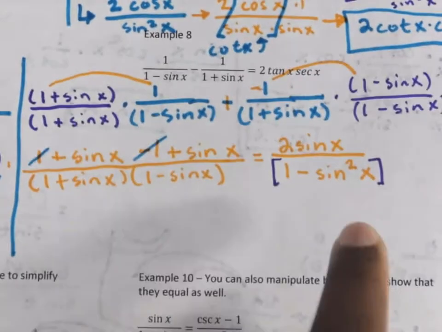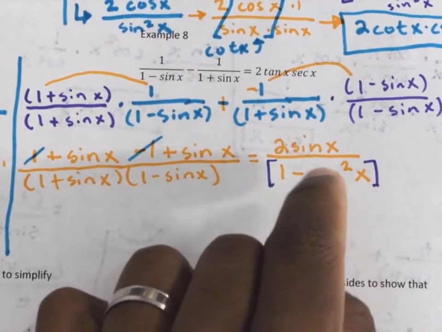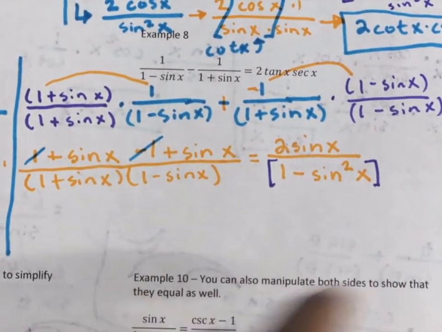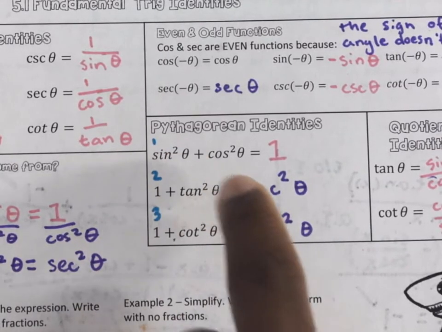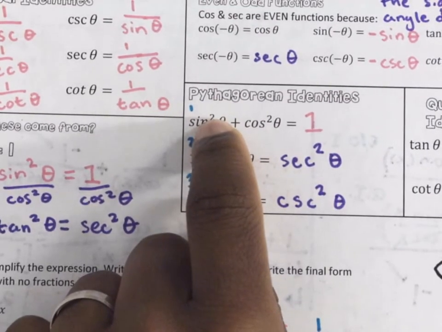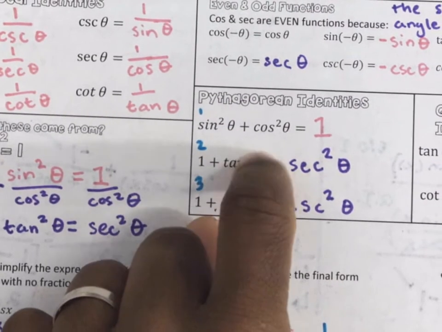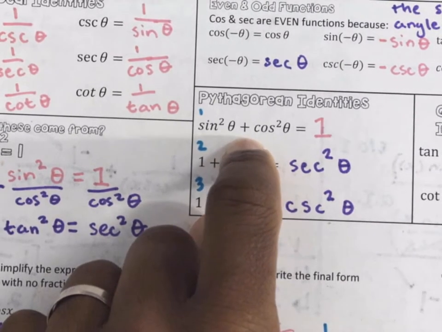So I go to Pythagoras. Since it's squared, I know it's the Pythagorean identities. I'll go to the one that has sine. I see sine squared plus cosine squared equals 1. How would I change this equation to get 1 minus sine squared? What would I move over? I need 1 minus sine squared.